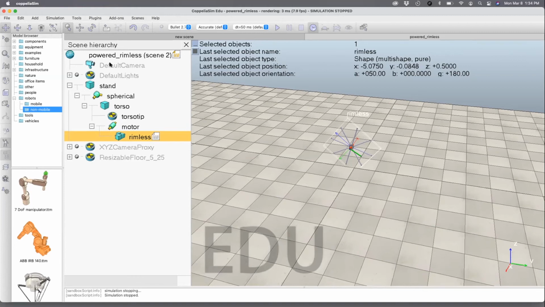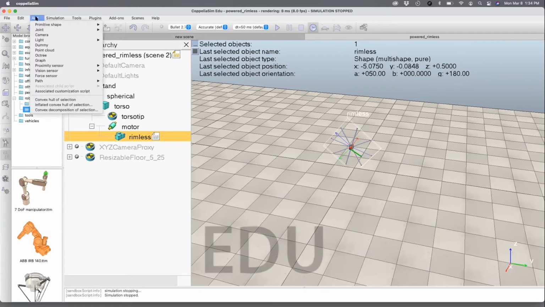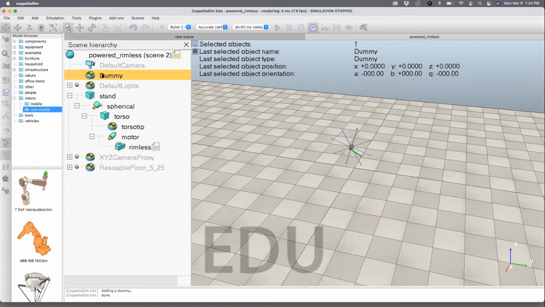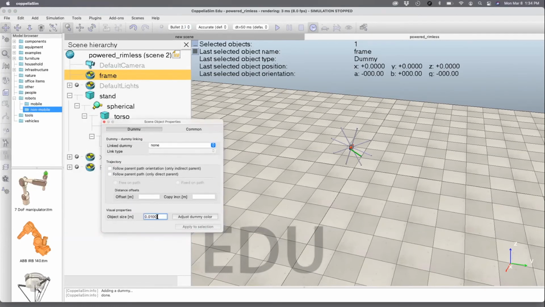Okay, so here's how we do it. We'll add a dummy. You can not see it, but let me call that dummy frame, and I call it frame just because that dummy will actually keep moving with the object. So it's going to help me define a moving frame. If you want to see it, I highly recommend doing this initially: change the size to maybe 0.1.